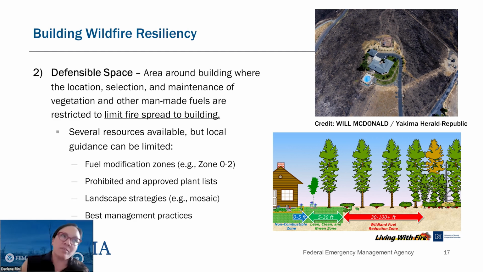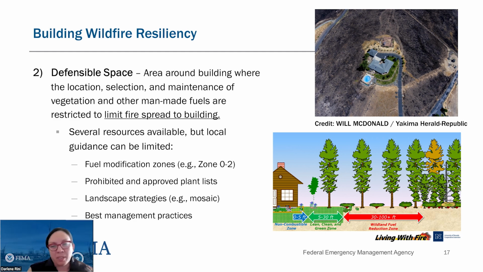The other main concept that is often discussed and used to help reduce wildfire threat at the building and parcel level is defensible space. This is the area around a building or structure where the location, selection, and maintenance of the vegetation, as well as other man-made fuels, are restricted.